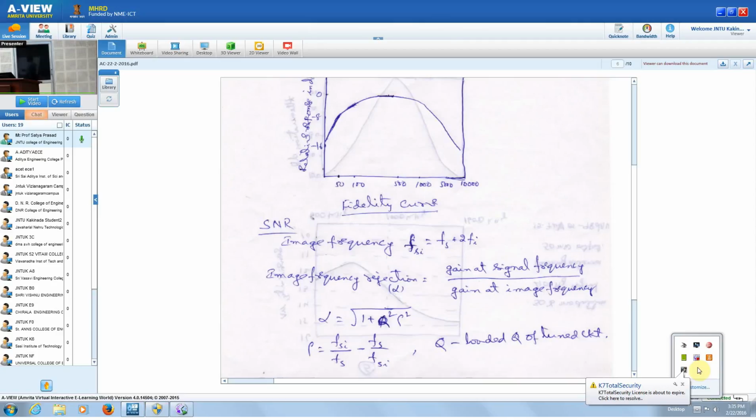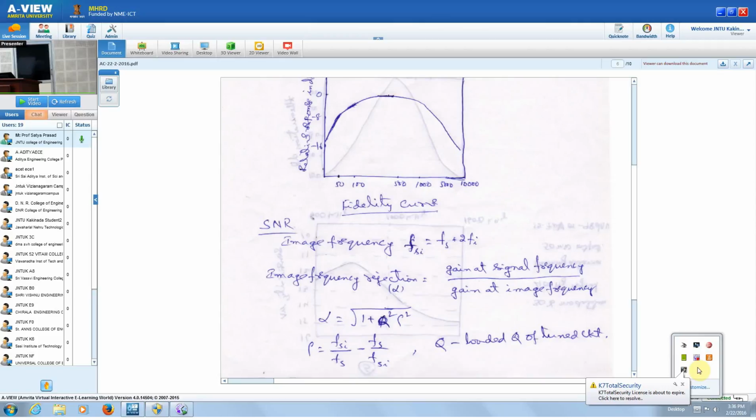Then you say that you have signal frequency as 800 kilohertz. This is 1710 by 800.